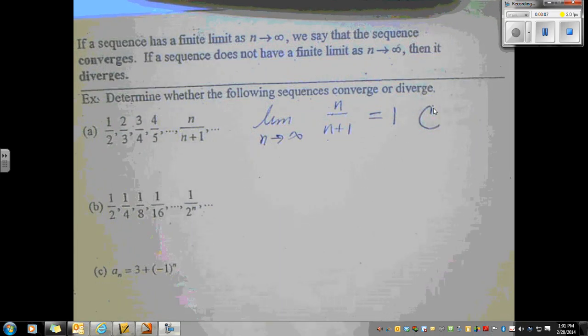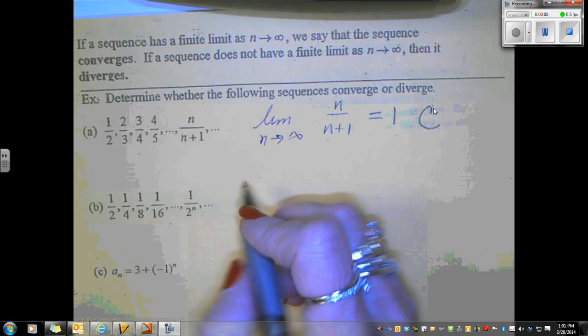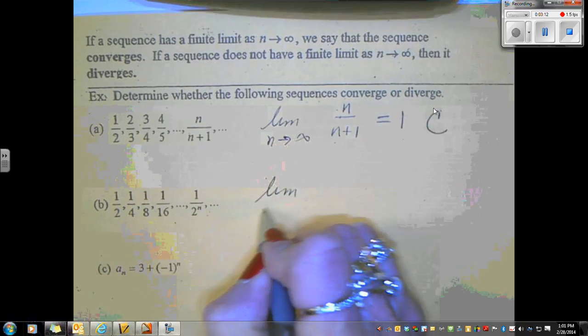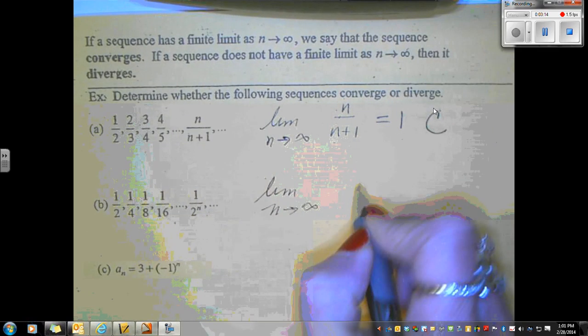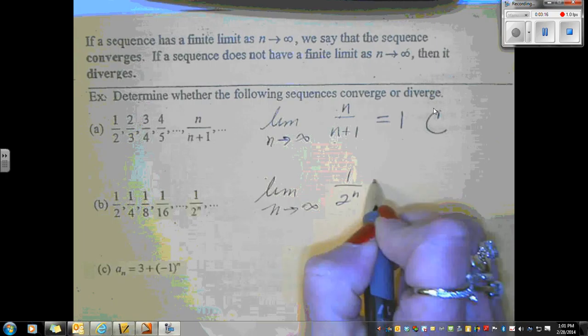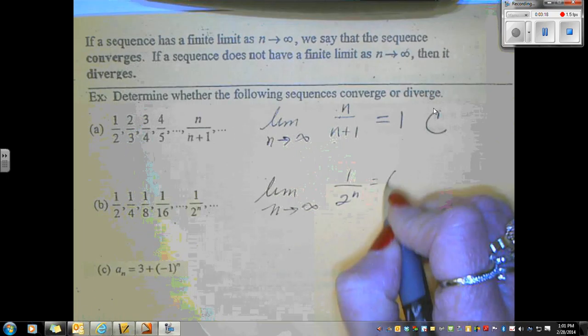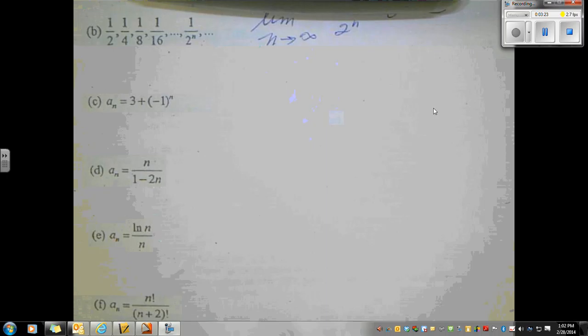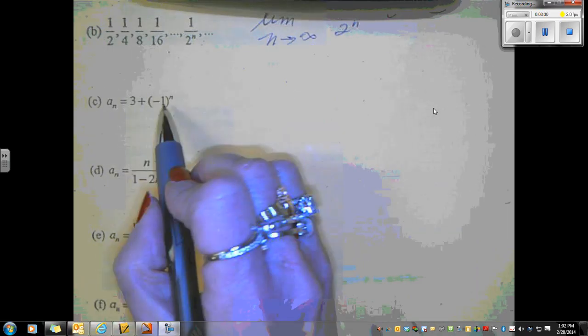All right, so what are you telling me? Converges on 0. Okay, this limit as n goes to infinity of 1 over 2 to the n is equal to 0, so we're saying converges. Yes? Okay. So can you just use the rules that you know? Yeah. So far for these, yes. All right, what about this thing?